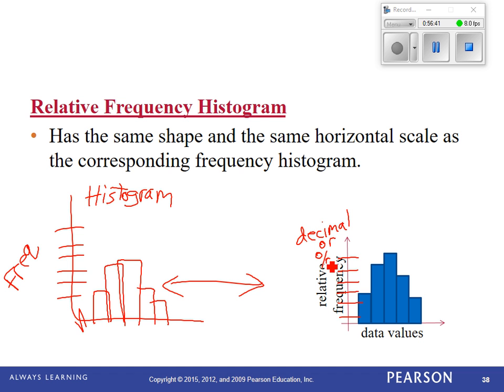If I just told you there was 5 in that group, is that gonna mean anything to you? But if I tell you it's 17%, then all of a sudden it makes a little more sense to you. So that's why we might want this relative frequency histogram instead of just a regular histogram.